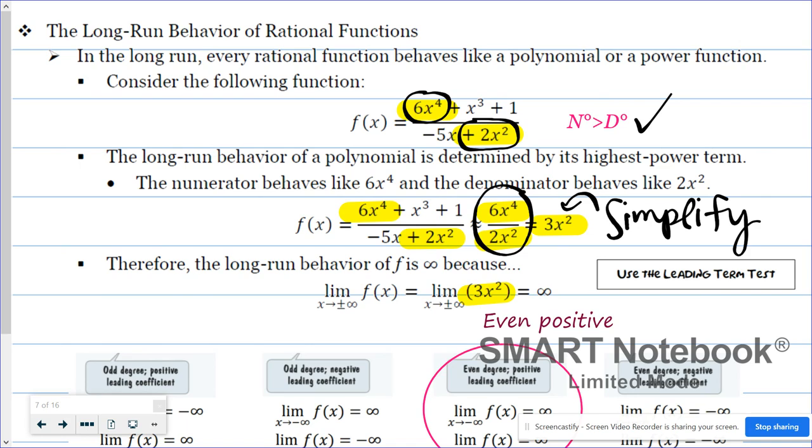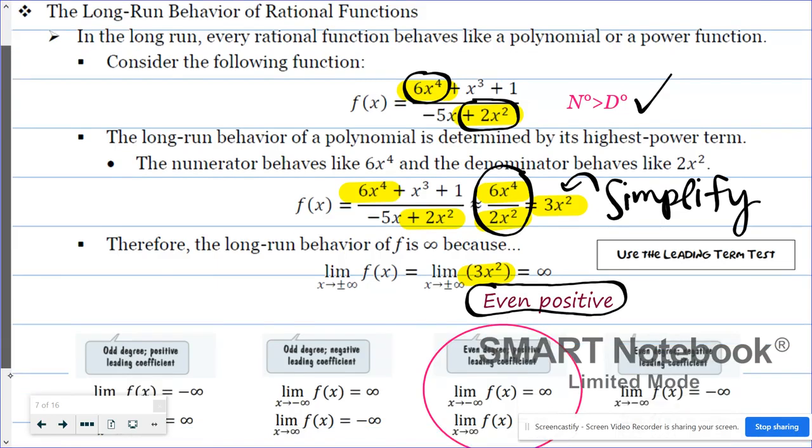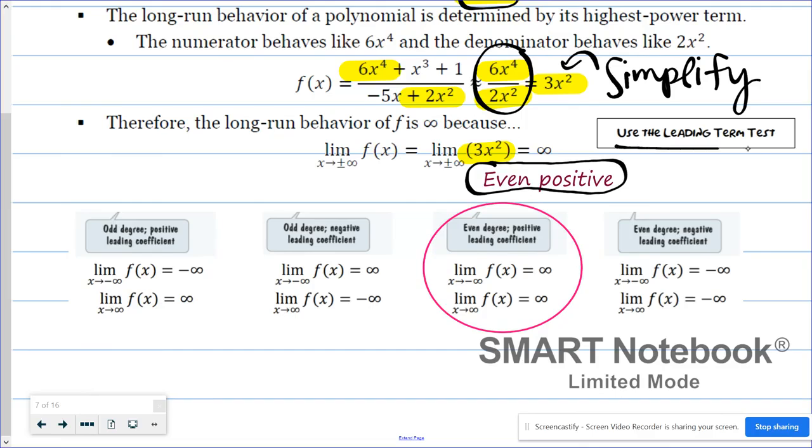And 3x squared I can describe as being even and positive. So it's even degree, and it's a positive leading coefficient. So according to the leading term test, the end behavior on the left is positive infinity, and the end behavior on the right is positive infinity as well.